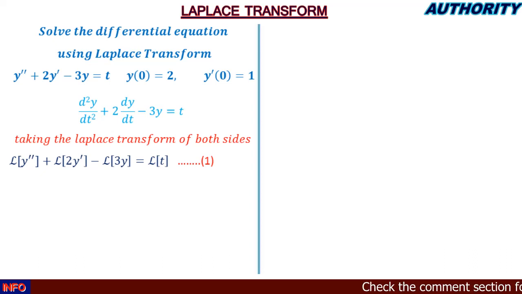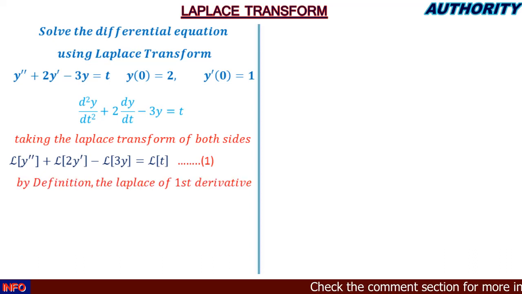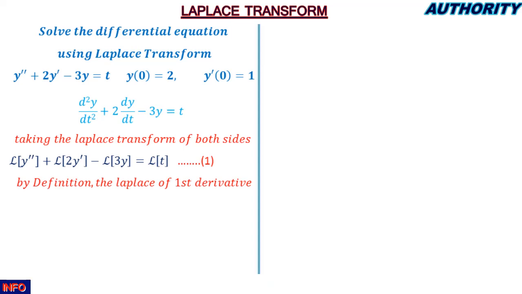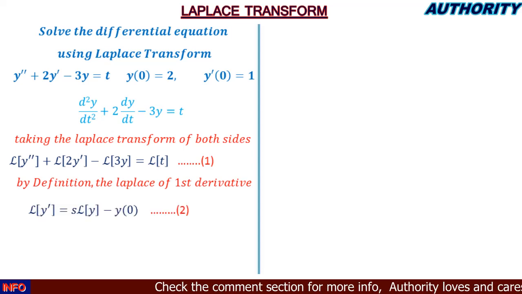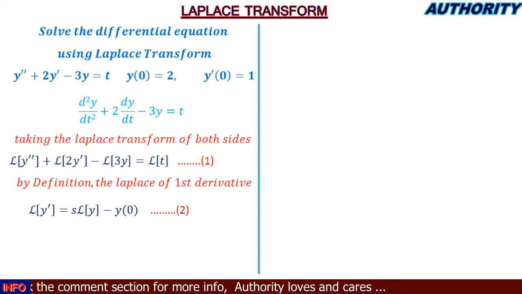By definition, the Laplace transform of the first and the second derivatives are given as follows. The Laplace transform of y' is given as s times the Laplace transform of y minus y(0). Let's call this equation 2.